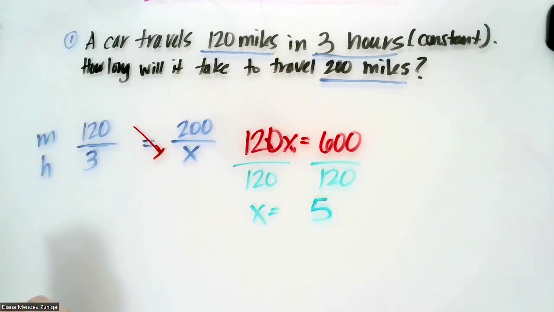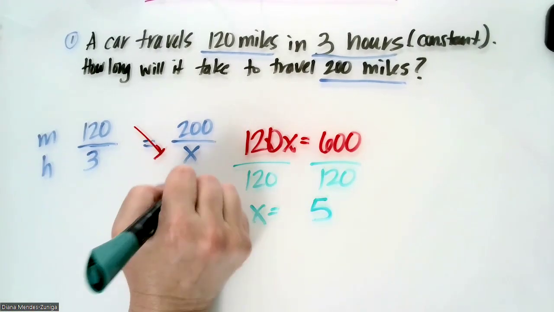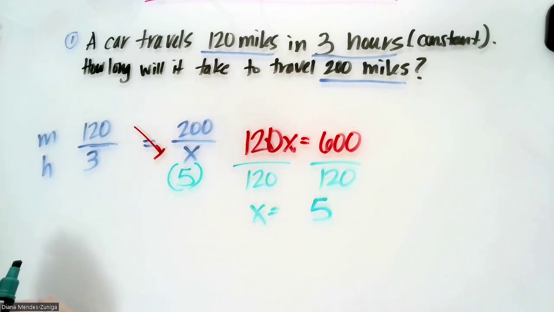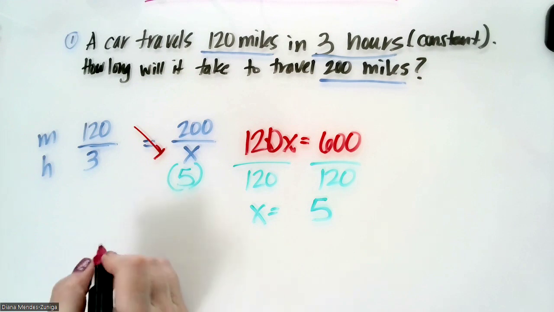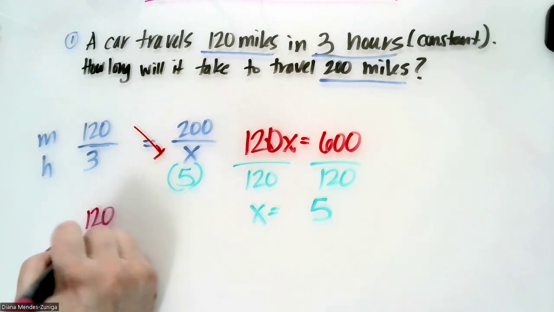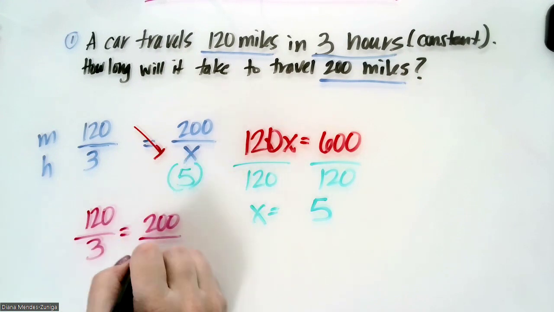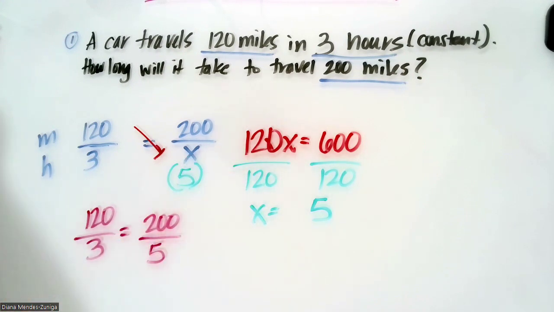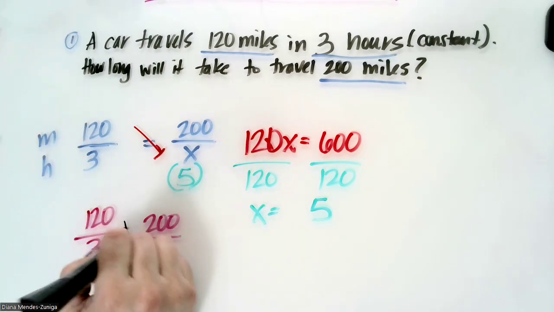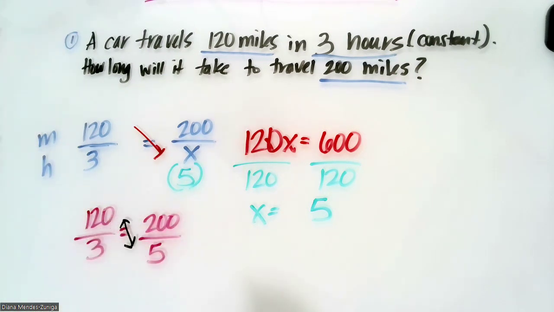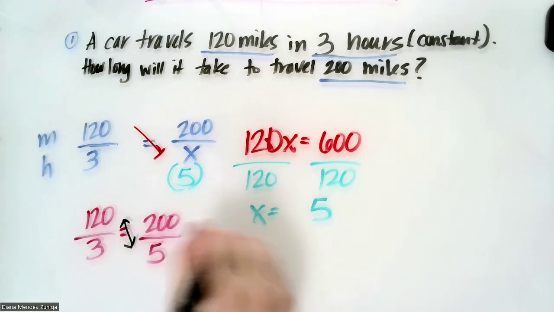So now what I'm saying by this equation is that if I plug this 5 in here, okay, I should be able to check and make sure that this is proportional. This is what we learned how to do with the proportions earlier in the day. We did 120 over 3 equals 200 over, now I'm plugging this 5 in here, right? We learned how to do this because we cross multiplied this to this, and 120 times 5 is going to give me 600, okay?